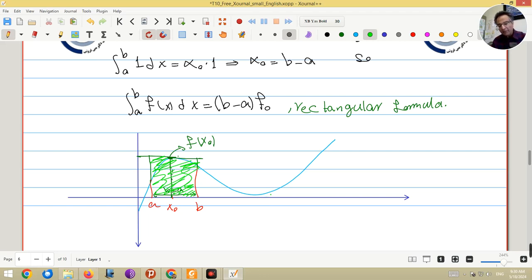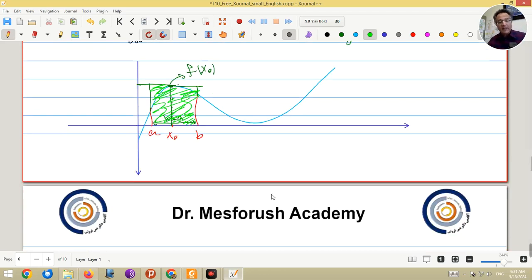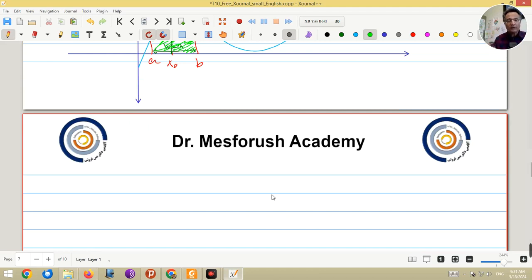Okay, this is the simplest integration formula that we can find. But if we want to have a little more accurate and a little more complex technique, we have to consider 2 points in the interval a and b. For example, a as the first point, x0, and b as the end point, we call it x1.